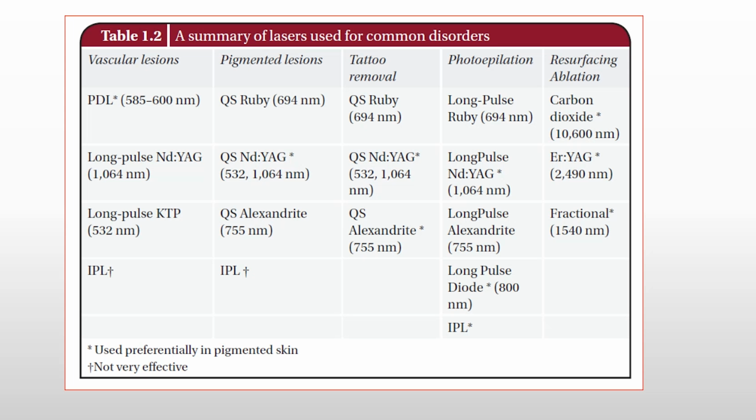Considering photoepilation, the best treatment is the long-pulse Nd:YAG, but long-pulse diode and IPL can also be used in pigmented patients. For resurfacing and ablation, CO2 and Nd:YAG are the best treatment.